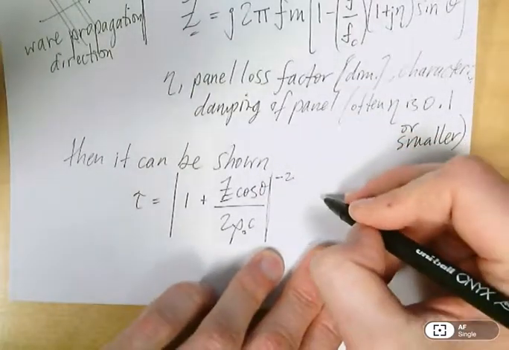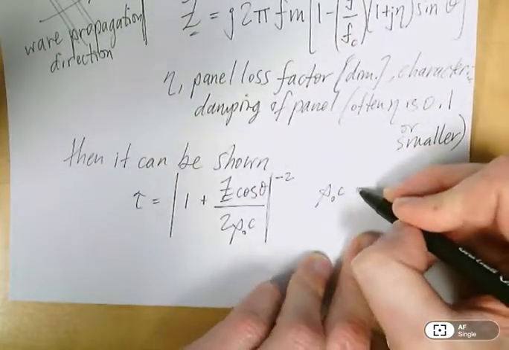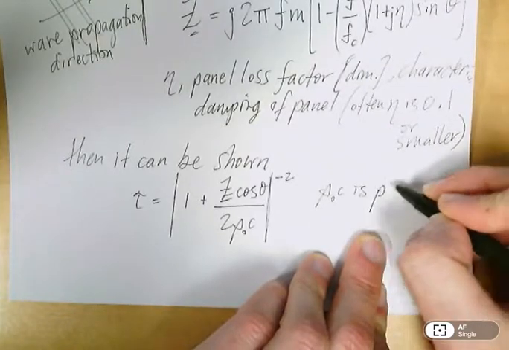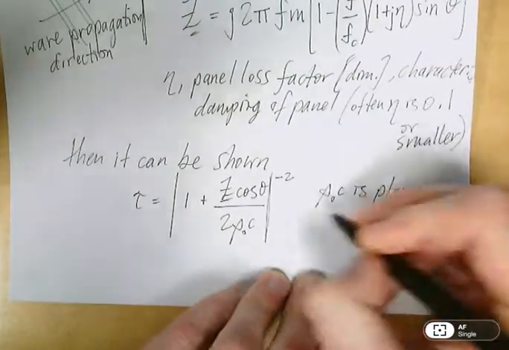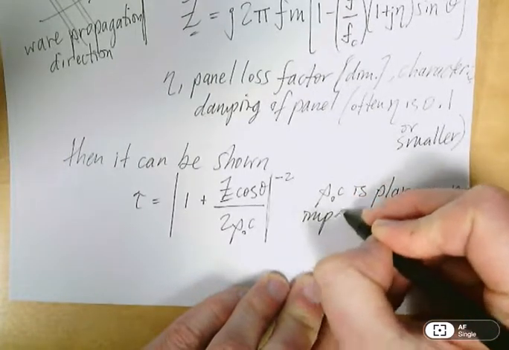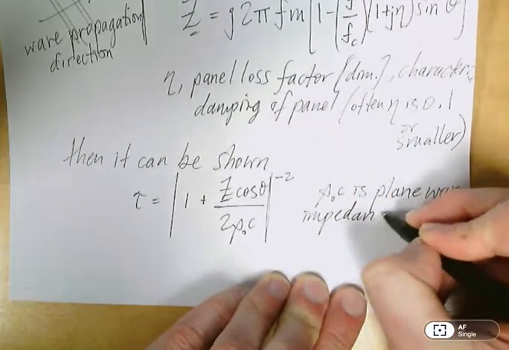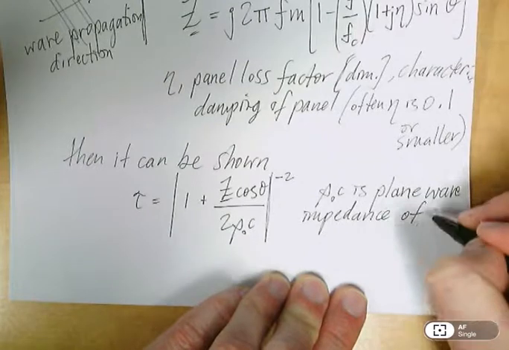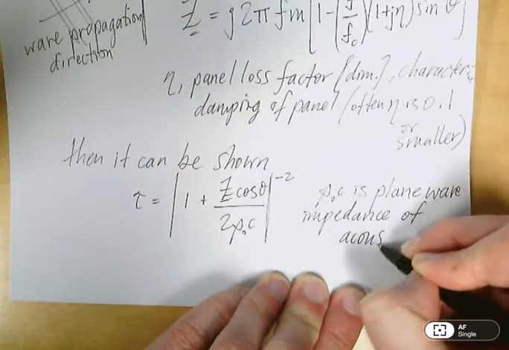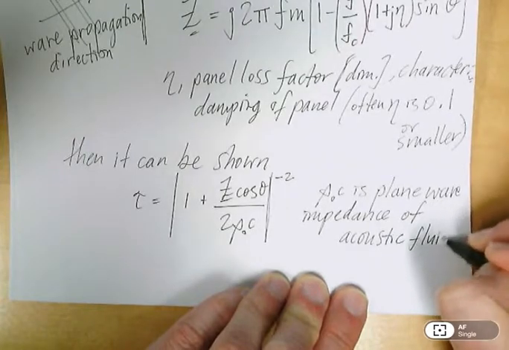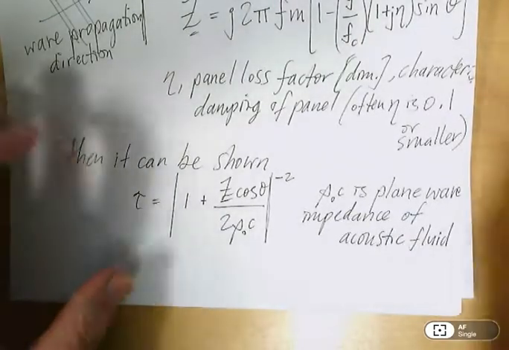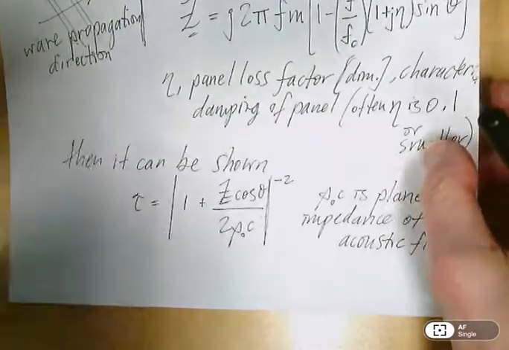Now rho naught C is the plane wave impedance of the acoustic fluid. And we've seen this several times before as well. So when it's air, it's approximately 418, at least at room temperature and around sea level.